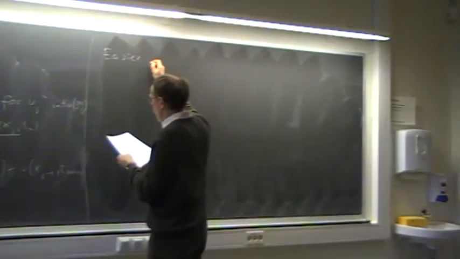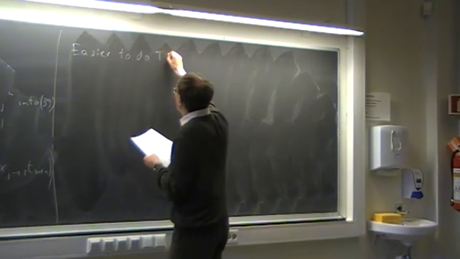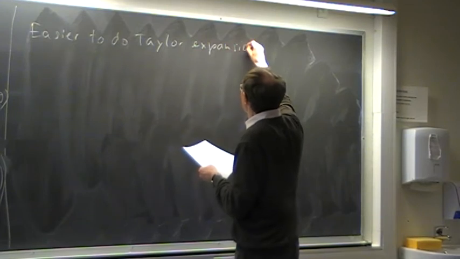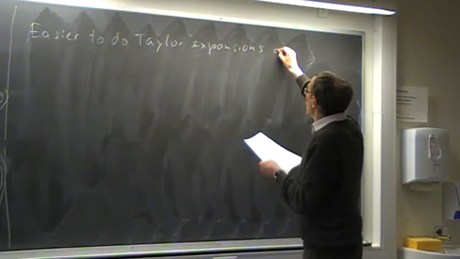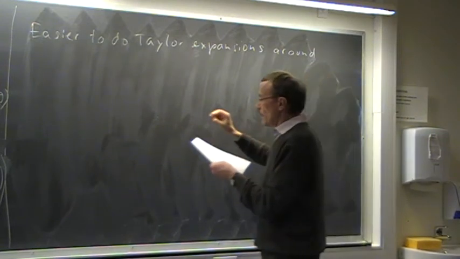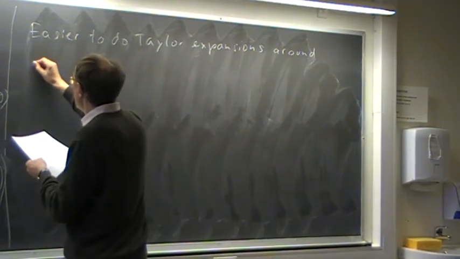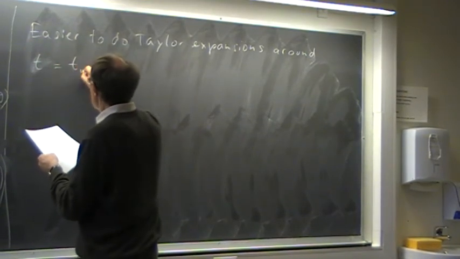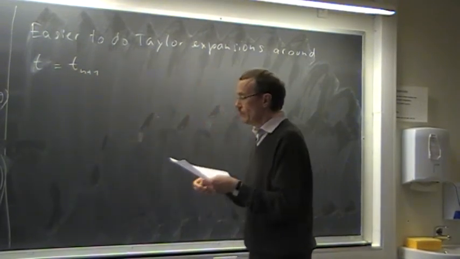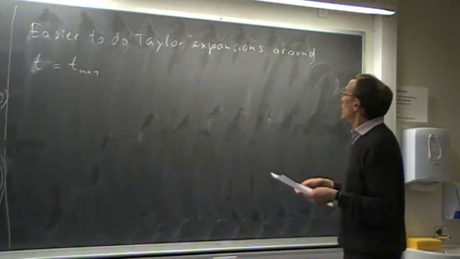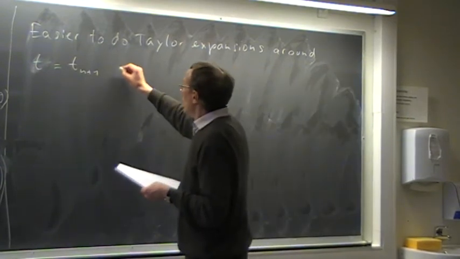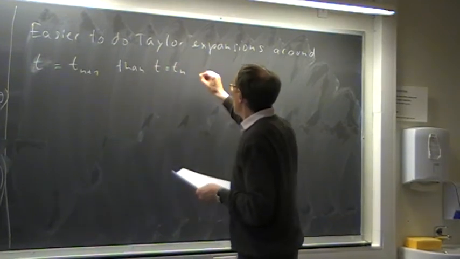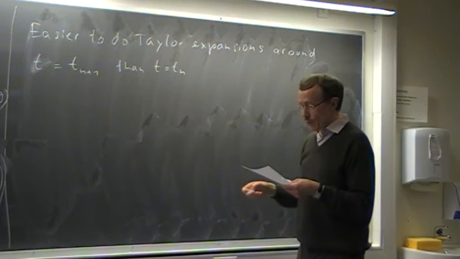So easier to do Taylor expansions around t equal to tn plus 1. And we also do it around xj as usual.